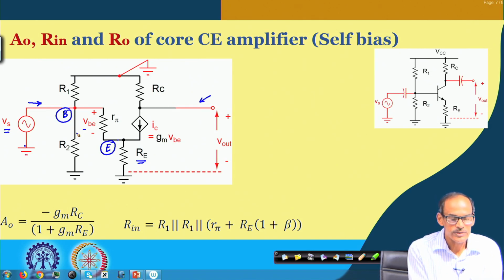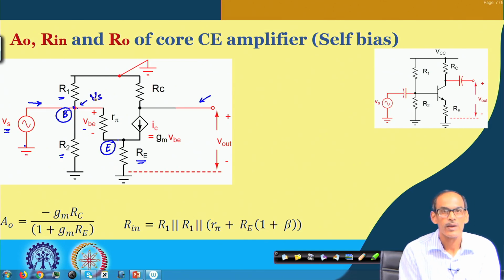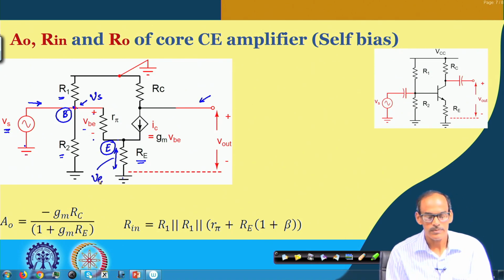It may be noted that since Vs we are directly giving here, irrespective of this R1 and R2, we are getting the signal at this point same as this Vs. So, the signal coming here is Vs, and out of this Vs we do have the VB part, and also we do have some additional drop here. So, what is this drop? This drop with respect to ground, we may call Ve.